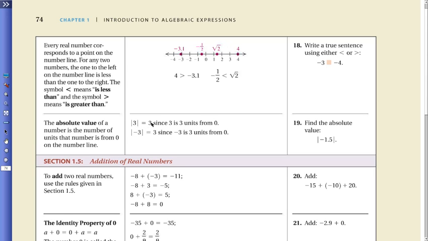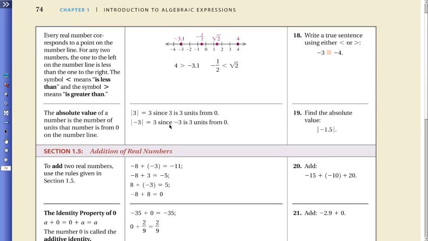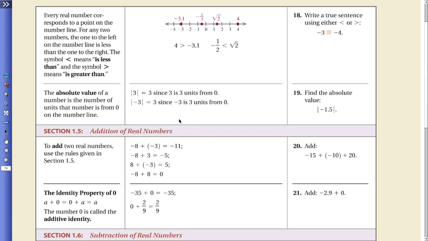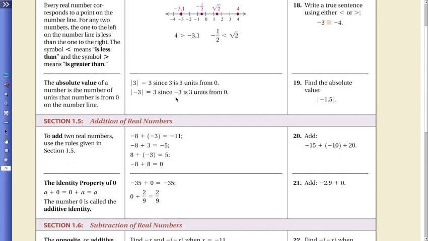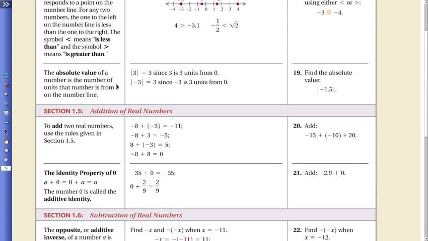It's 3. How far is negative 3 from 0? The absolute value of negative 3 is 3. So on. It's not necessarily turn it positive, and when we get into more complex algebra, you need to know the definition, distance from 0.